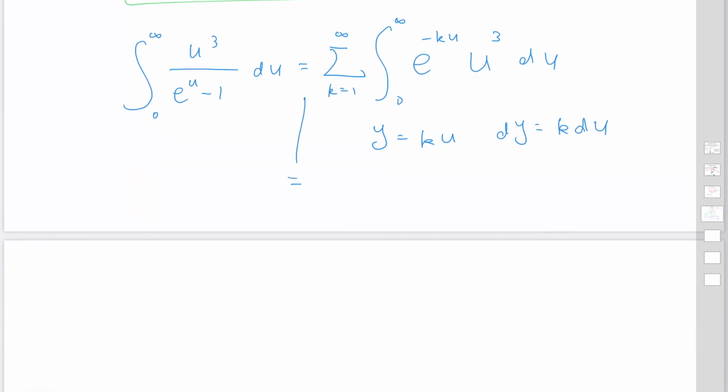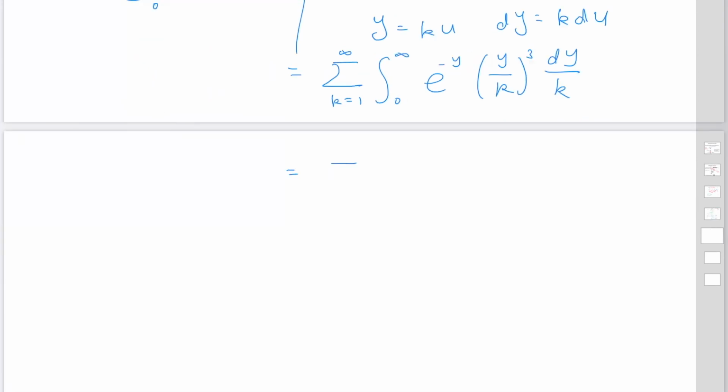Then this becomes sigma k starting from 1 to infinity, integral from 0 to infinity, exponential minus y, where u is y over k, cubed. And du is dy over k.